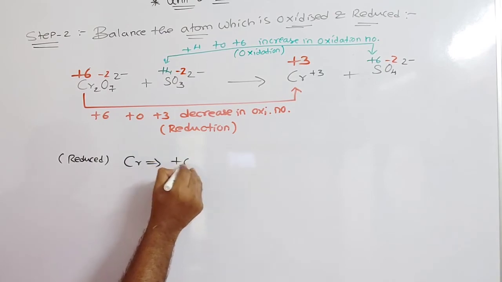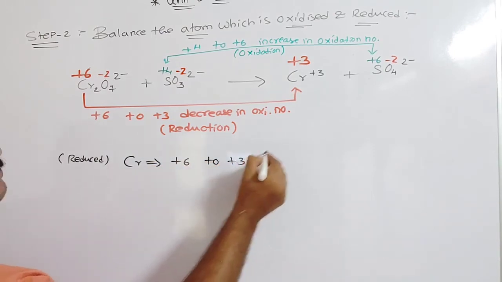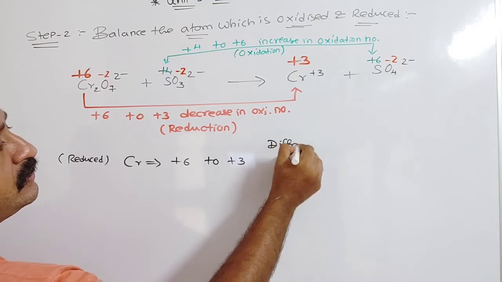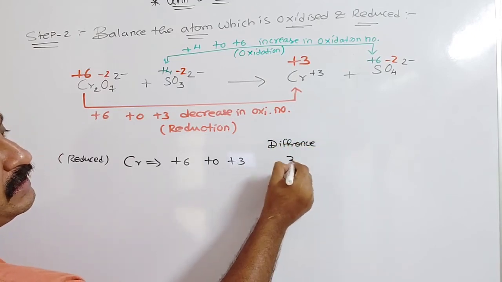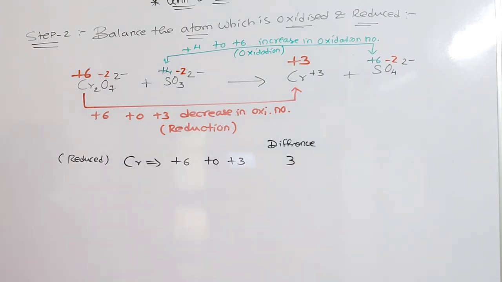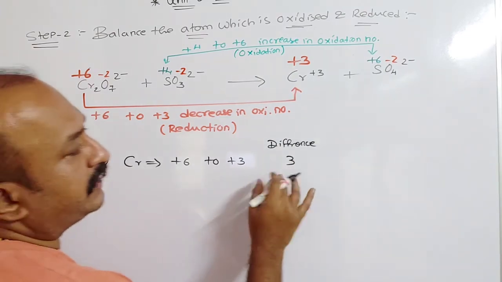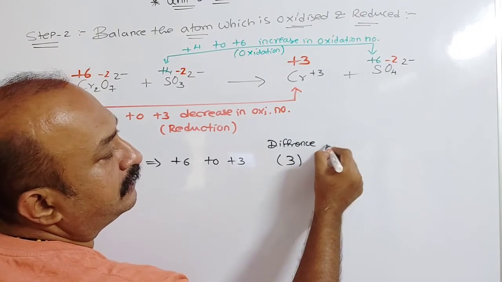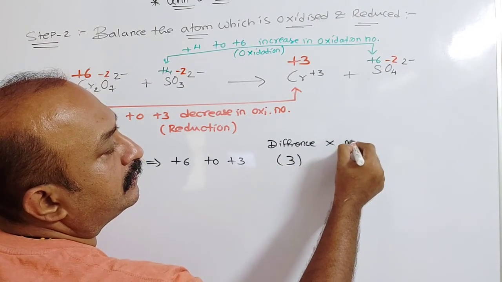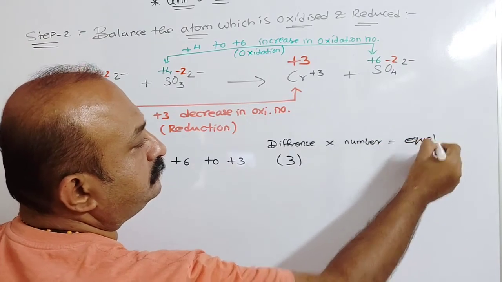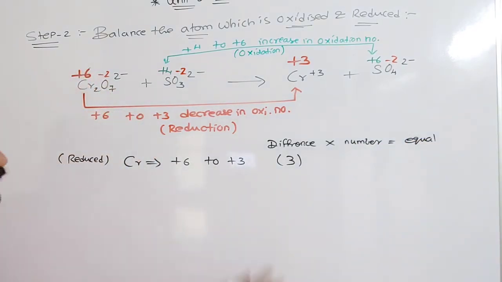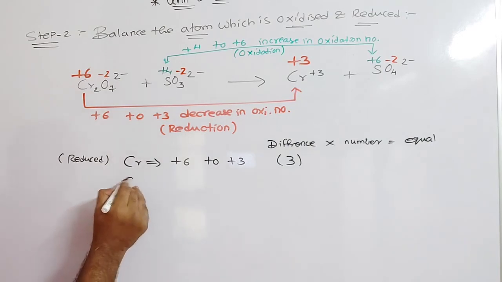From +6 to +3, so the difference is 3. Understood? Difference 3, and multiply it with a number to make it equal. First we'll see sulfur.